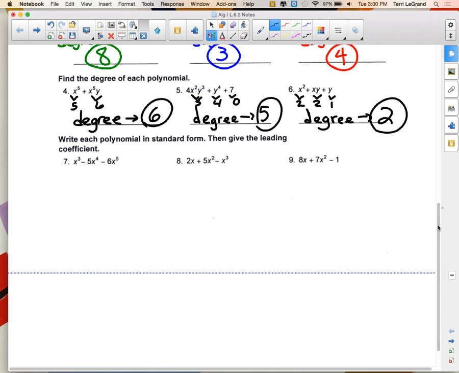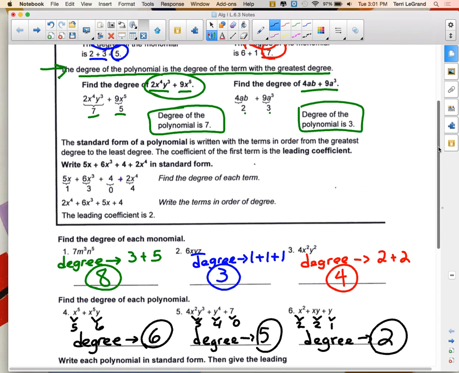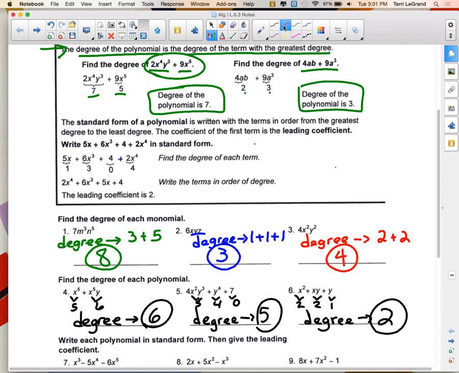Okay, now let's go back up to the top and look at standard form. Standard form is huge. You have to have an understanding of standard form because you're going to have to write equations in standard form a lot. Standard form means standard form of a polynomial.